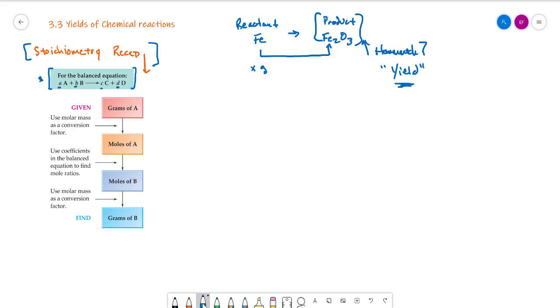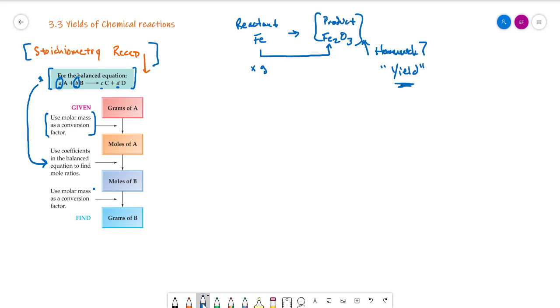And then if you are given the grams of A, then you can use the molar mass to convert from grams to moles, and that's because our balanced reaction is in moles, so we need to go from grams to moles, and that gives you moles of A. Now we use this balanced chemical equation to convert from moles of A to moles of B, and that's by just relating the coefficients, whether they're 1 to 1 or 2 to 1 or 2 to 3, whatever that may be, and then we convert back to the final grams of B, knowing the molar mass as our final conversion factor.